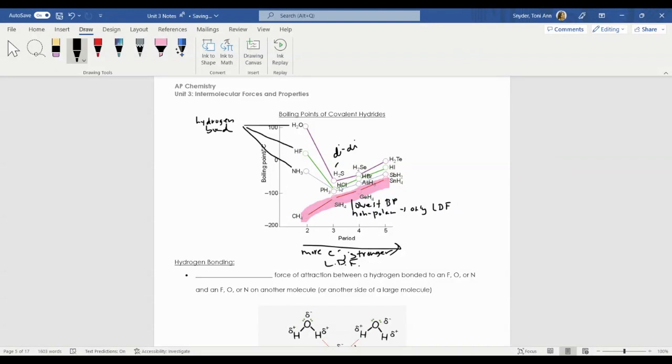Okay, so that's why, as I go down a period, or rather, what I meant to say is what period it's in. So nitrogen is in period 2, whereas phosphorus is in period 3 and arsenic is in period 4. So going down a group, it's about what period number. As I go down the group, I'm adding more electrons, thus making those London dispersion forces stronger.